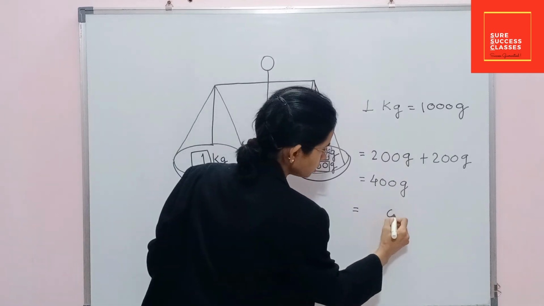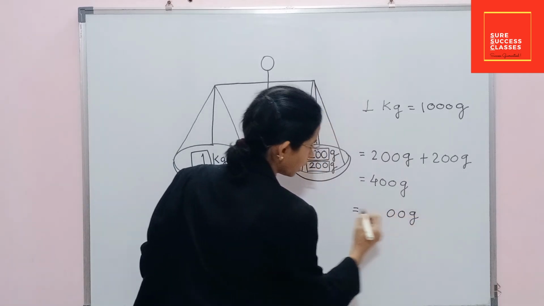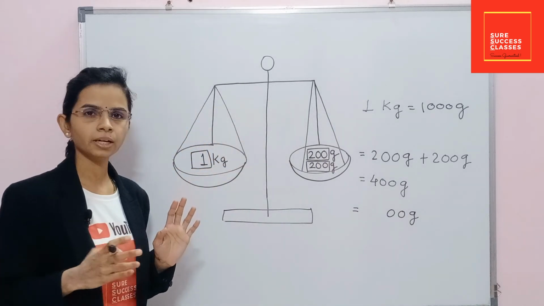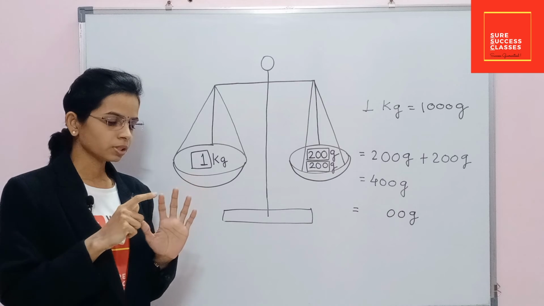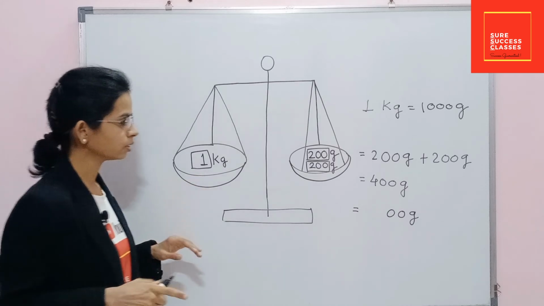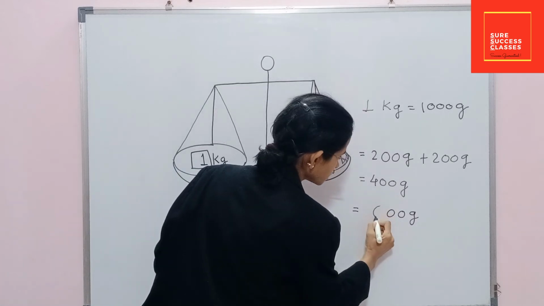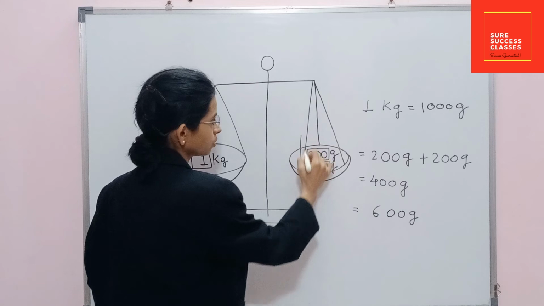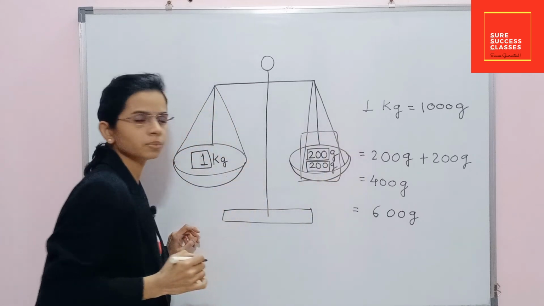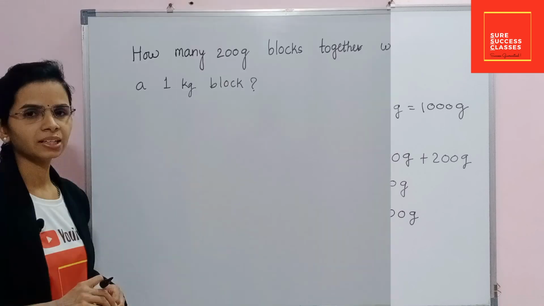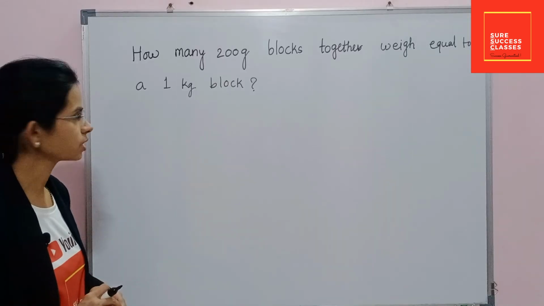We will put these zeros as they are and count onwards from 4. Then we will get 5, 6, 7, 8, 9 and 10. Means here we have to add 600 grams to this 400 grams. At that time both the pans will balance. Let's move to the next question.